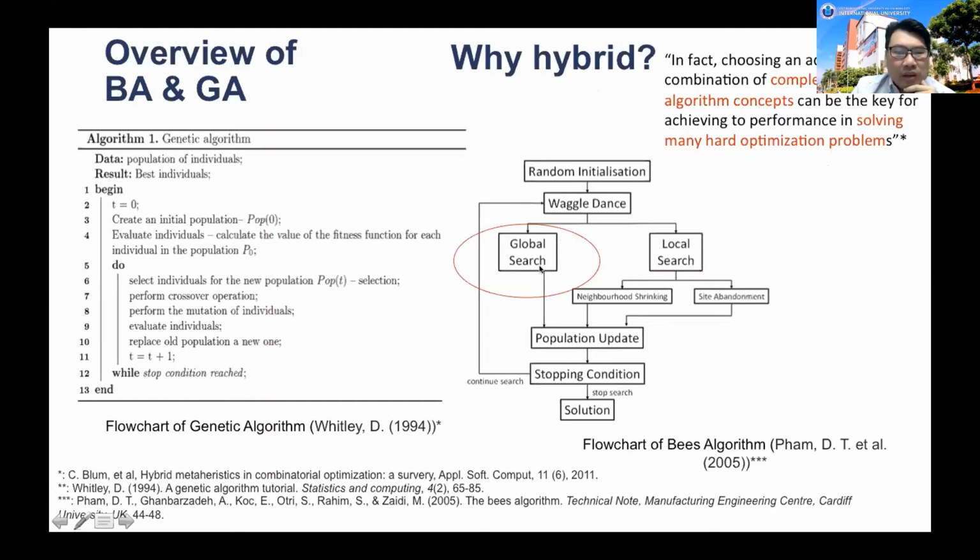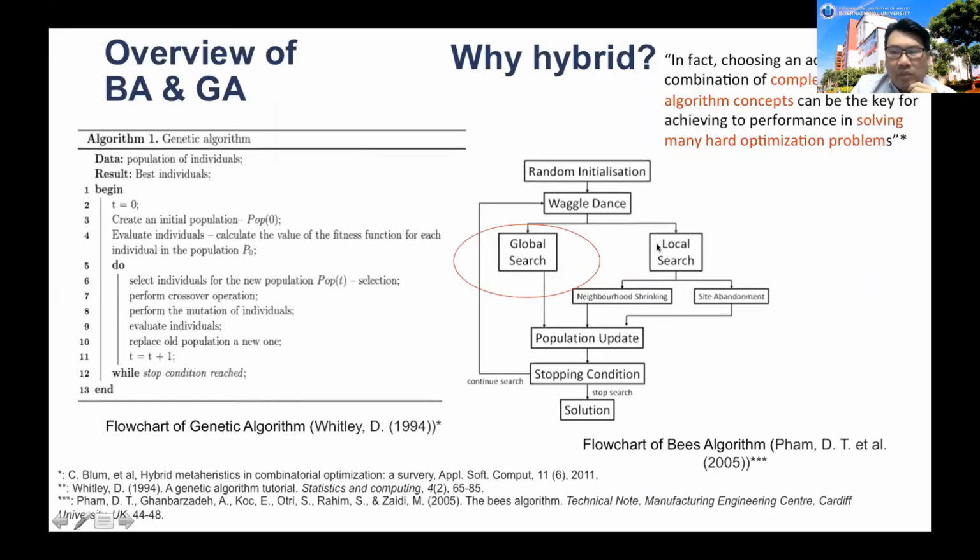As you know about the BA, we start by trying to hybridize the BA with a conventional one, the GA. We try to take advantage of the two algorithms and combine them together.